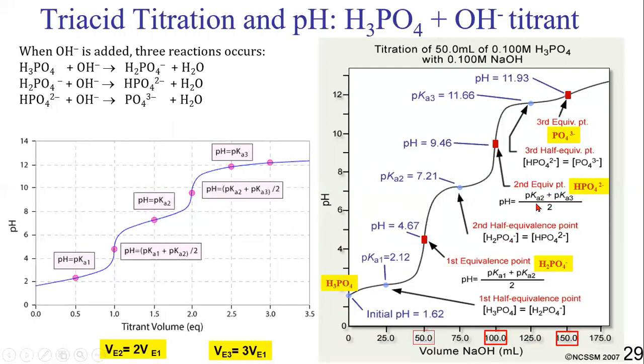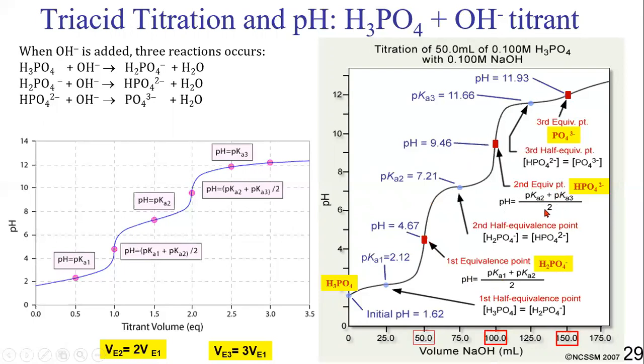Of course, at the first equivalence, this is an easy pH to calculate. Since H2PO4 minus is an ampholyte, the pH is going to be pKa1 plus pKa2, which it houses both, divided by 2.